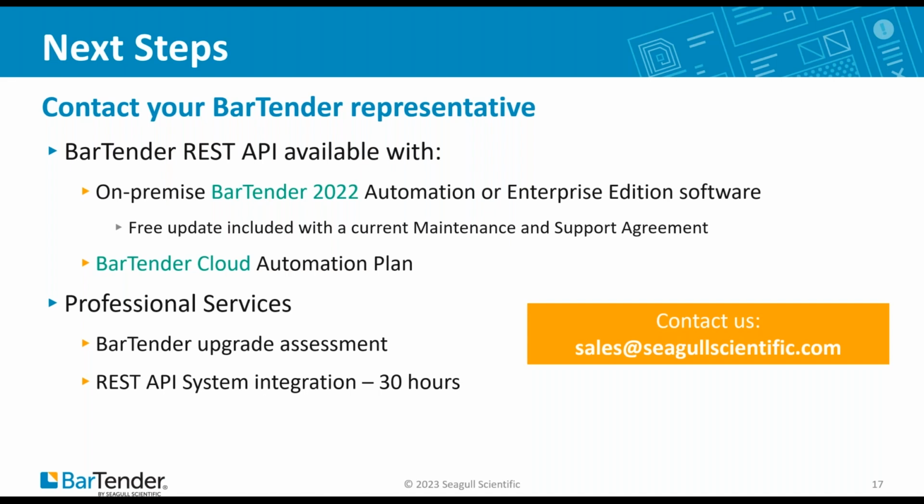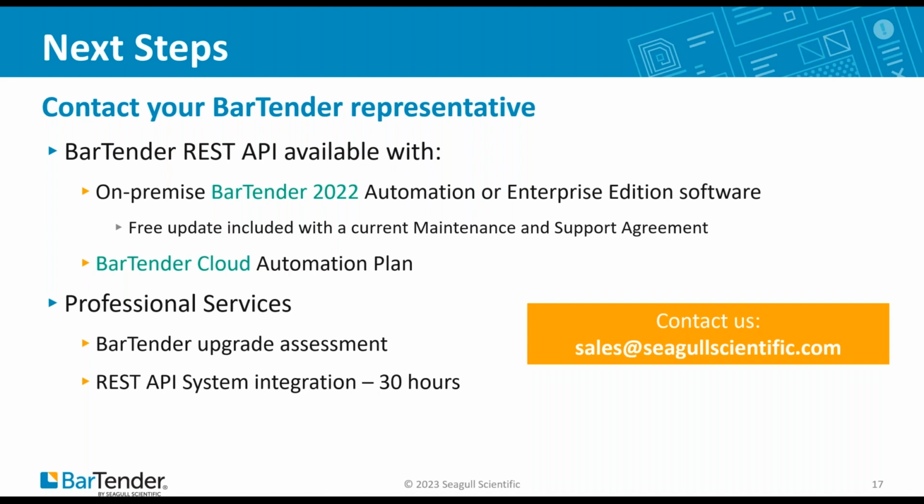And if you're already on Automation or Enterprise Edition, you can immediately start using the BarTender REST API. If you're not current on your maintenance and support agreement, please contact us, and we'd be happy to help renew your maintenance and support agreement so you can gain access to the BarTender REST API and a whole bunch of other cool new features.